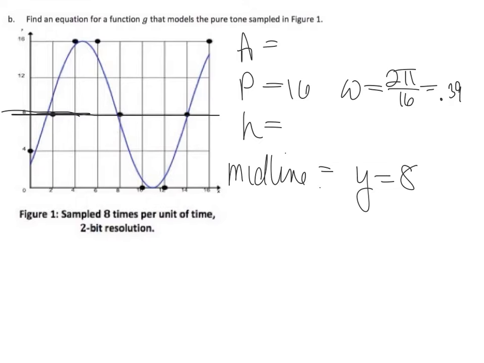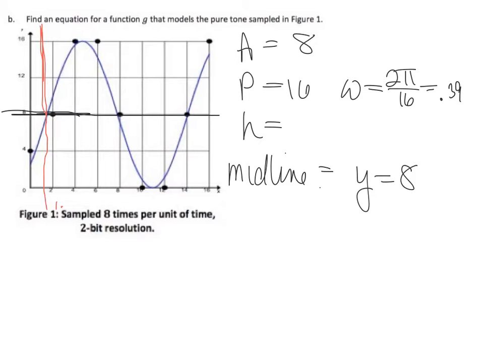Our amplitude has to go maximum and minimum. We're just going to say we have an amplitude of 8 because that's our maximum and our minimum. Now, we know our period is 16, but we have a phase shift. If this is a sine function, I need to figure out where I start. Straight down, we're at about 1 point something, 1.7, 1.5.